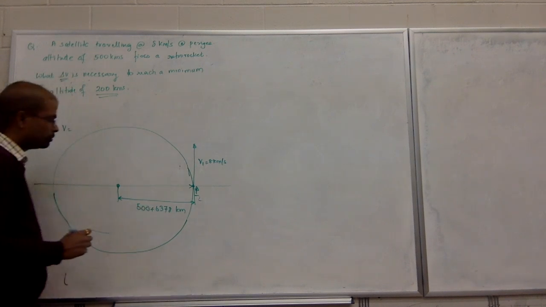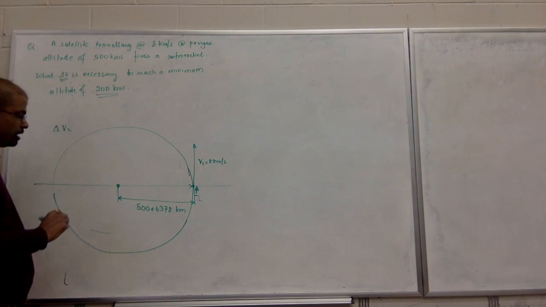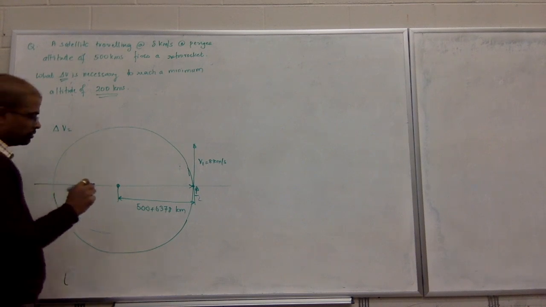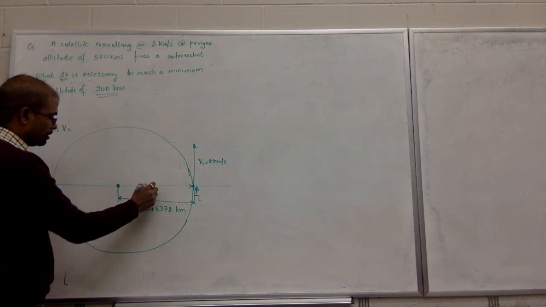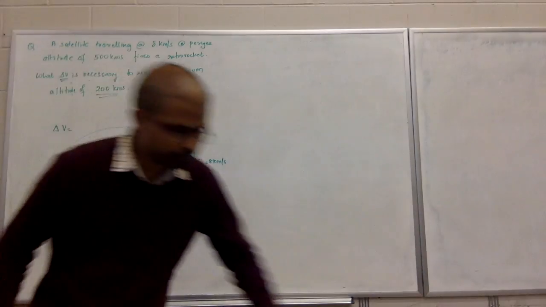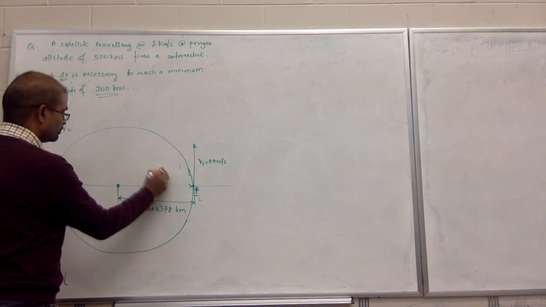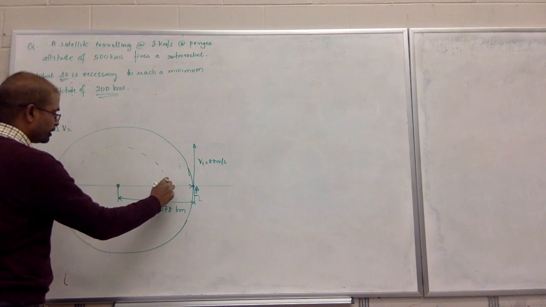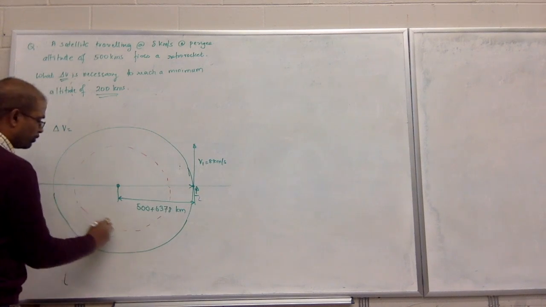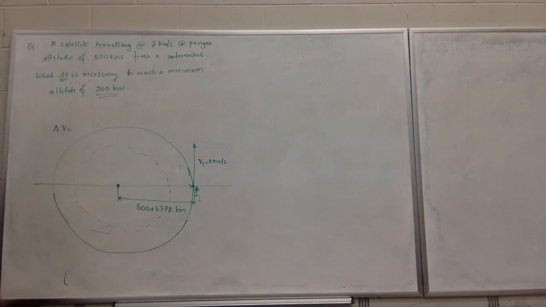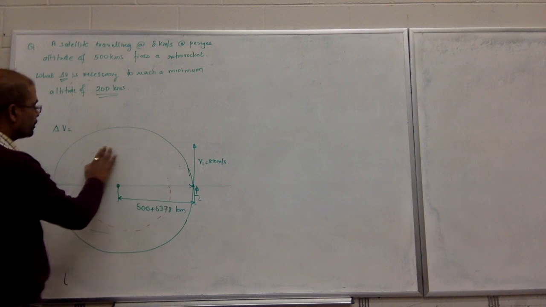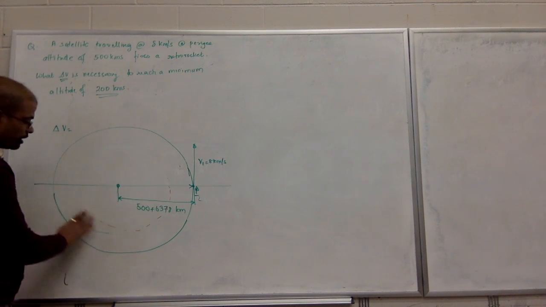You need to keep in mind, you cannot get into this orbit in just one maneuver. That's just not possible. You need at least 2 maneuvers. One point is always going to be common when you do a transfer for an orbit.